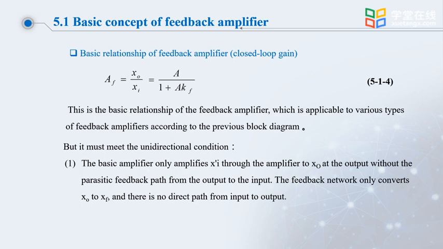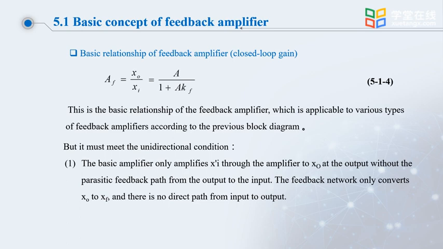The feedback signal from the network can act as input to the basic amplifier, but the basic amplifier has no direct feedback effect from its output port. The basic amplifier is only affected by the net input signal at the input port. Xout does not go back through the input port to affect Xi. This is unidirectional: only Xi passes through the basic amplifier and gets Xout.